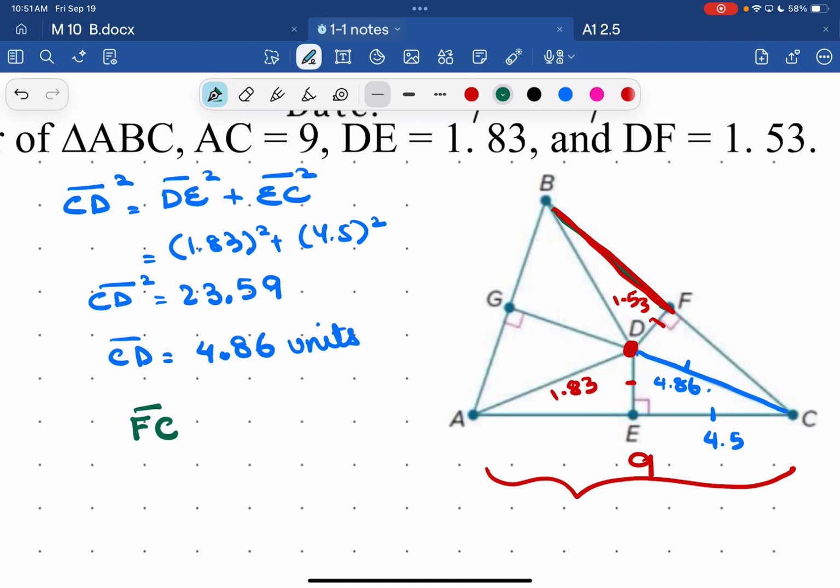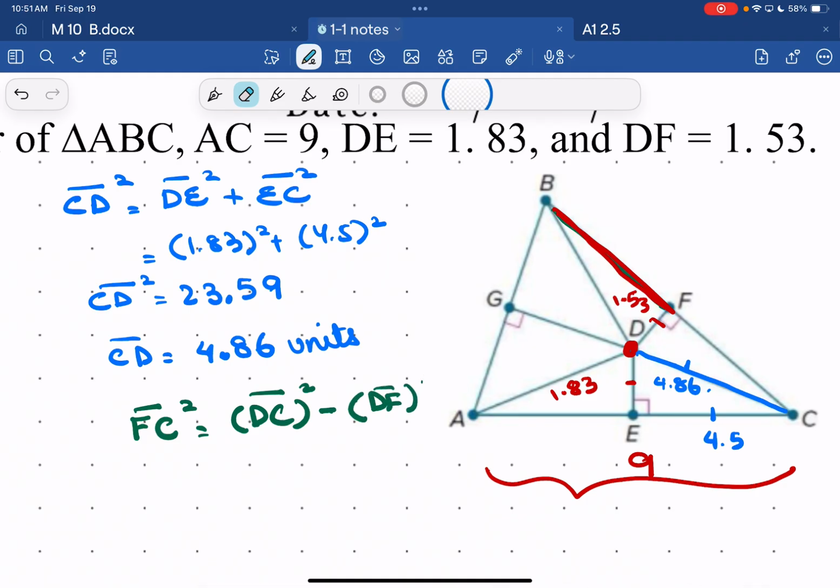We are going to write FC squared is equal to DC squared minus DF squared, right? Yes? Do you all understand why we are subtracting? Because CD was the hypotenuse, right?